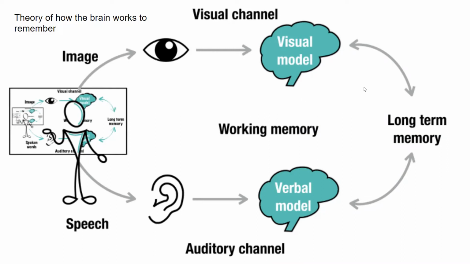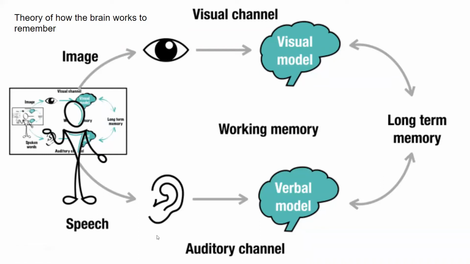There's a visual processing process that the brain undertakes, and eventually it moves from working memory into long-term memory with sufficient repetition, etc. They propose that there is an alternate channel, and that is the auditory or speech channel.